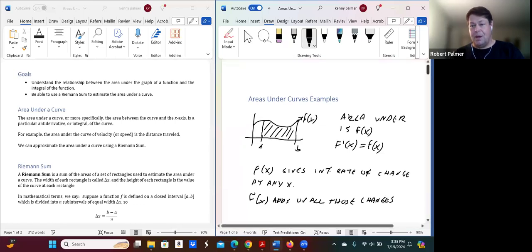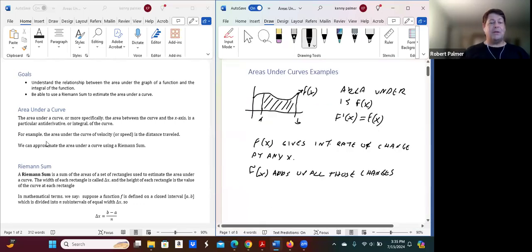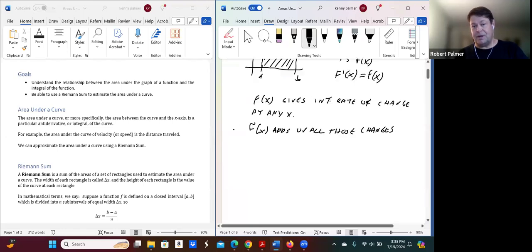A good example, as my next point says: the area under the curve of a velocity or speed graph is actually the distance you've traveled. Let's look at that example.